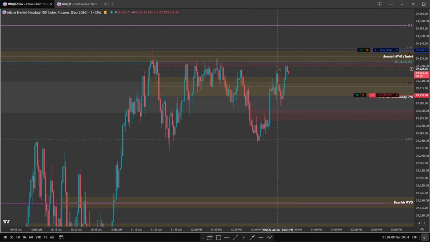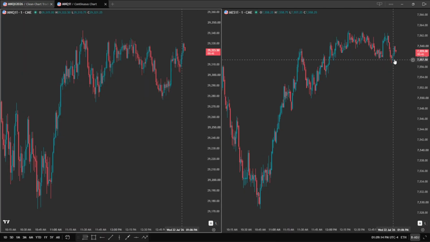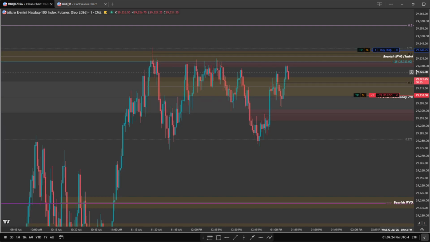Certainly tripping in retail longs. ES still looking weak. Check the 5 minute again.